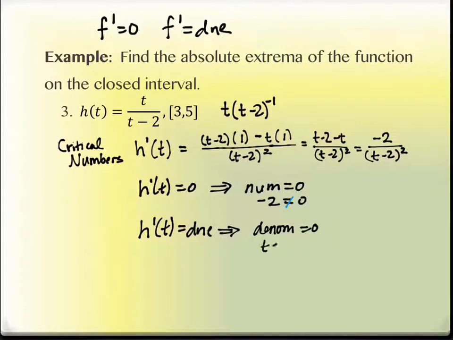So that's when t minus 2 squared equals 0. When will that equal 0? At 2. The kicker, though, is that if I try to plug the 2 into the original function, I would get a 0 in the denominator too. So I'd end up with something over 0. So this doesn't give me any values, just like I told you at the beginning it was not going to.